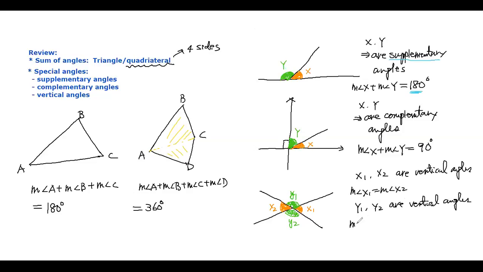So the measure of y1 is equal to y2, so angle y1 equals angle y2. Those are the special definitions. And like I mentioned, they are very, very basic definitions.